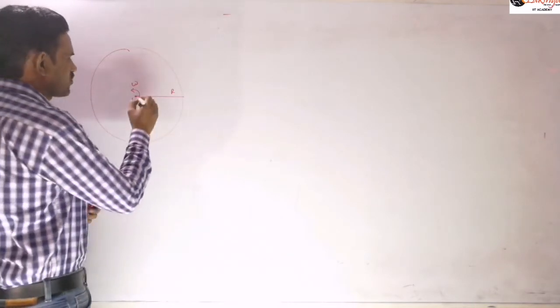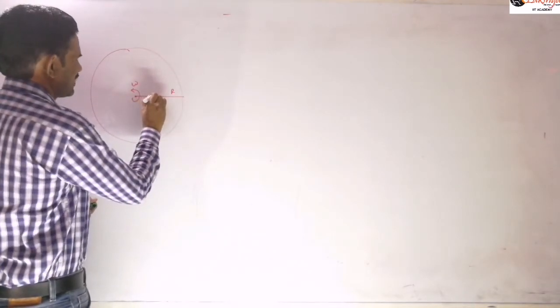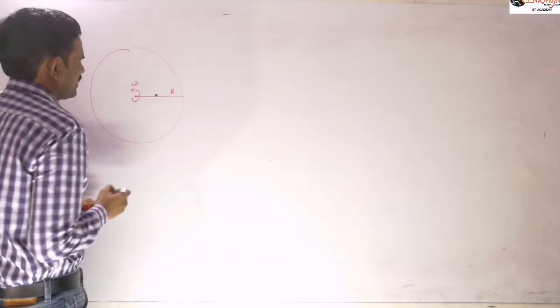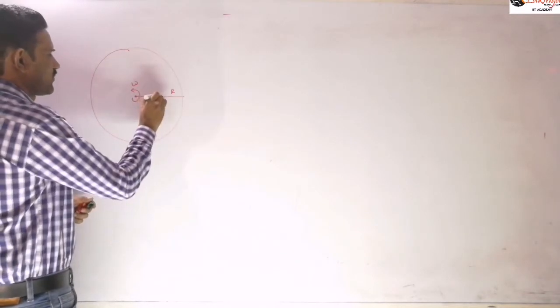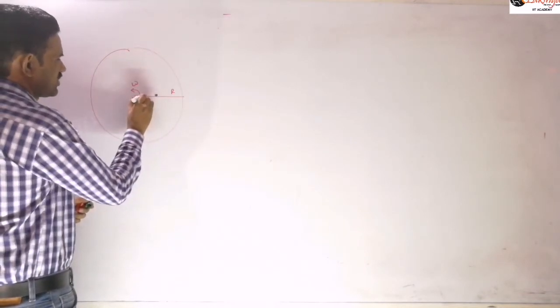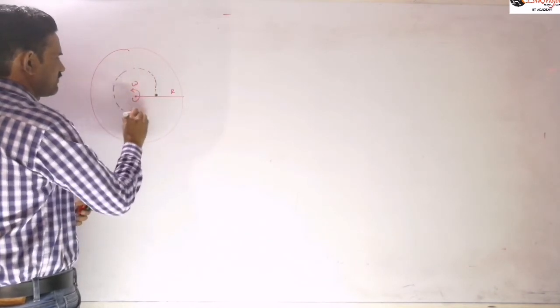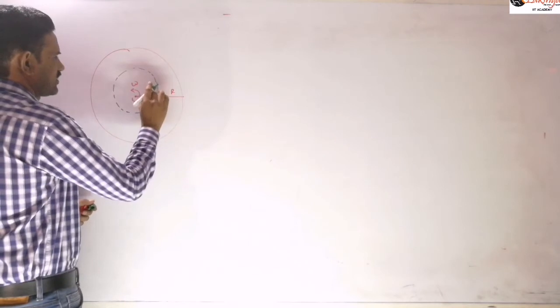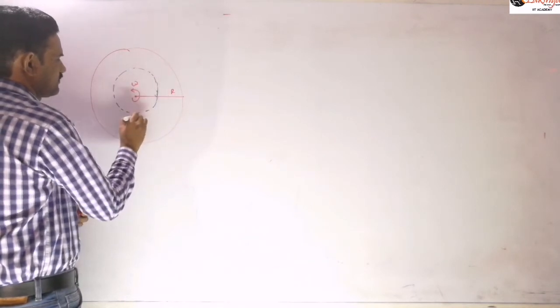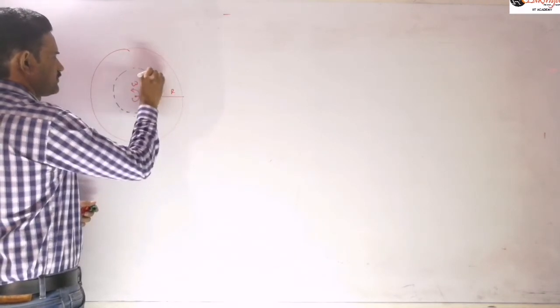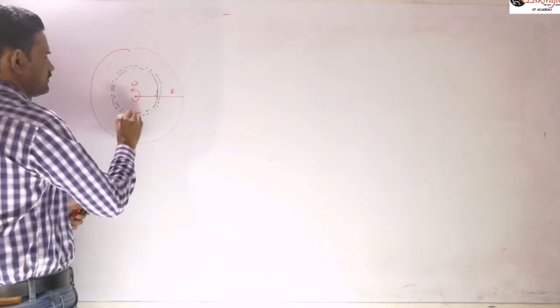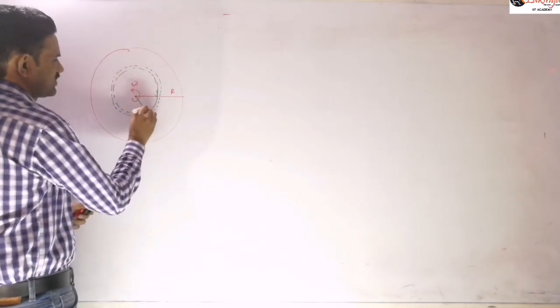Now let us see how the potential difference is produced. Just take an electron here, at a distance of r from the center. You may take it as a small element around this, so that its distance is r.